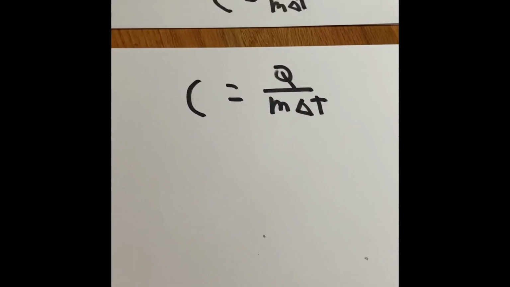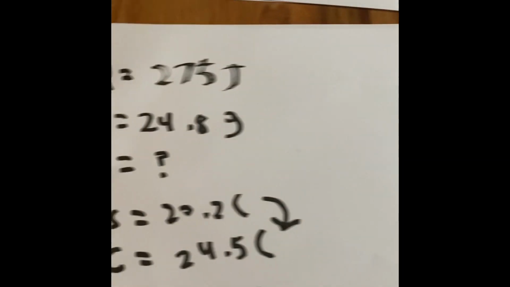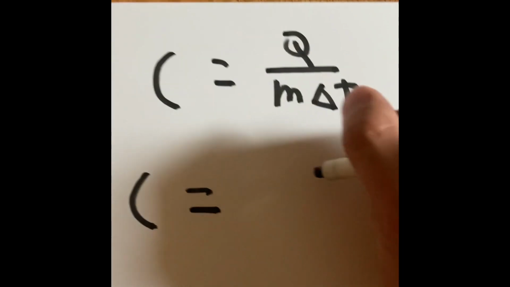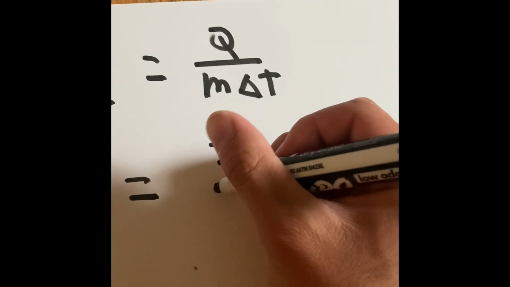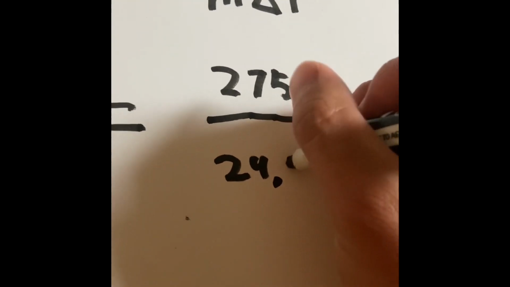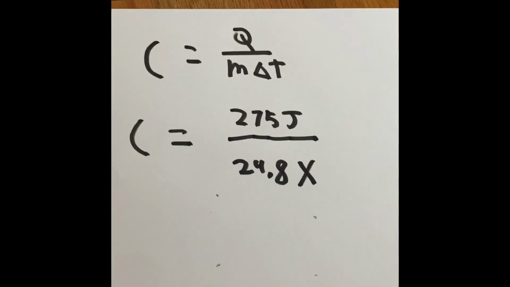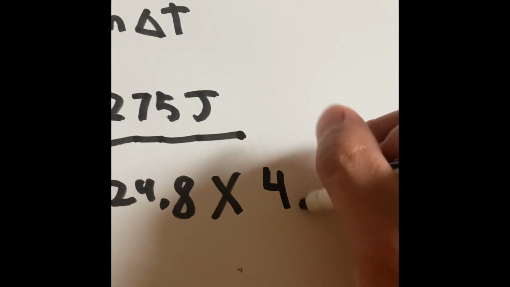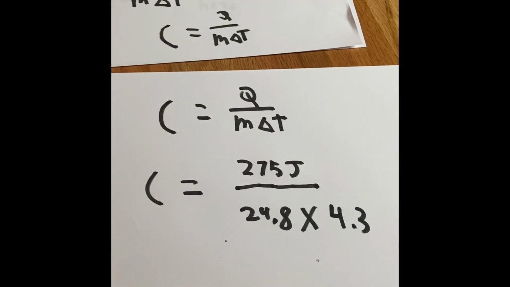Okay, so we want to find C. What we already know is that 275 joules goes on the top. That represents our letter Q. Divide that by the mass, 24.8 grams, and we have to multiply that by the change in temperature, which is 4.3. Sorry, I said change in time, but I meant change in temperature.